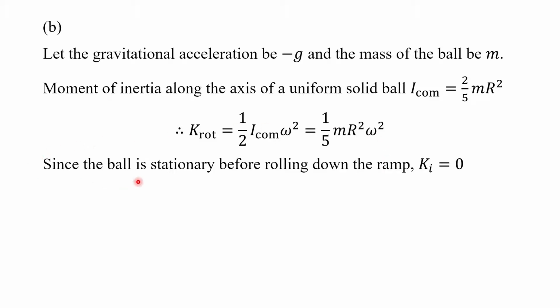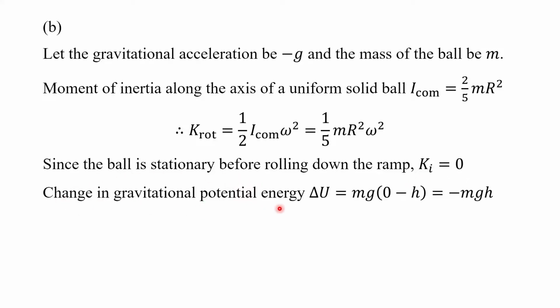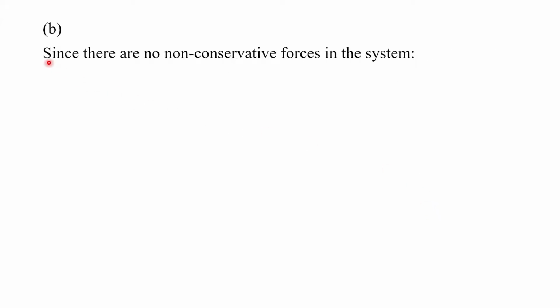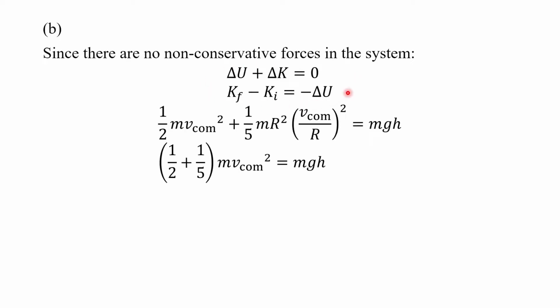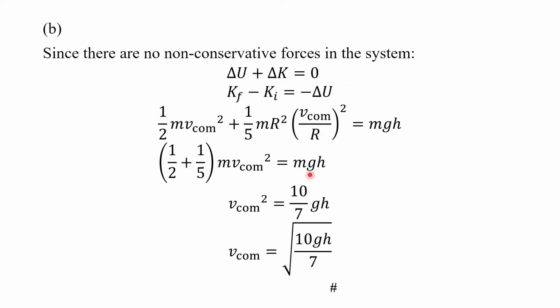Since the ball is stationary before rolling down the ramp, the initial kinetic energy is equal to 0. The change in gravitational potential energy is equal to negative mgh. Since there are no non-conservative forces acting on the system, mechanical energy is conserved. By solving the equation, we get that the speed of the center of mass is equal to the square root of 10 times gh over 7.